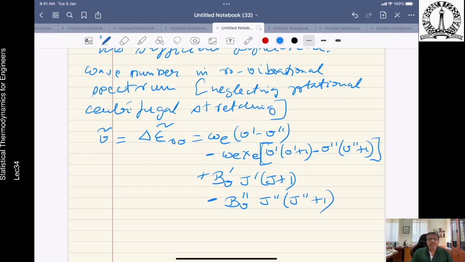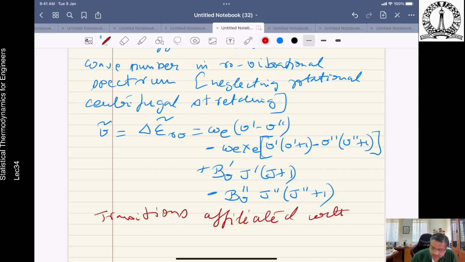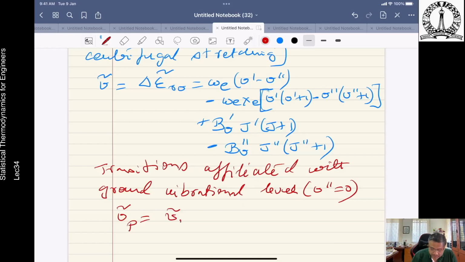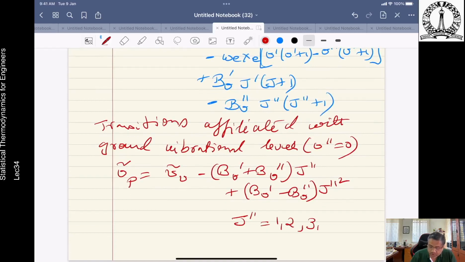For those transitions affiliated with the ground vibrational level, which is V double prime equal to 0, this becomes, for the P branch, nu equal to nu_0 minus (B prime plus B double prime) J double prime plus (B prime minus B double prime) J double prime square, where J double prime equal to 1, 2, 3, and so on.